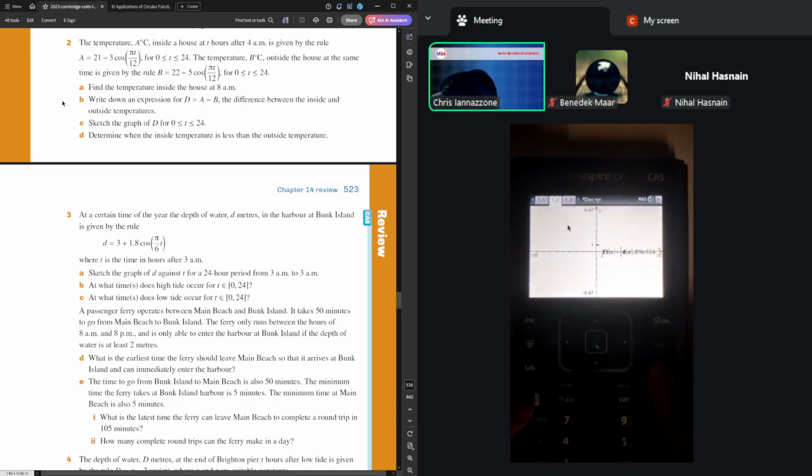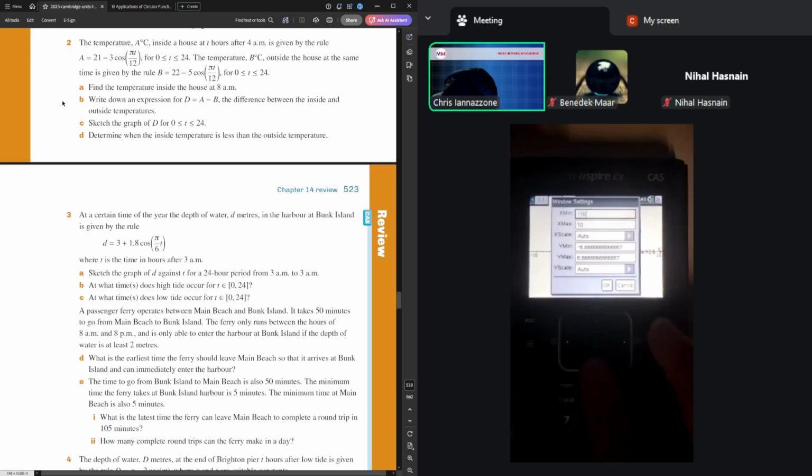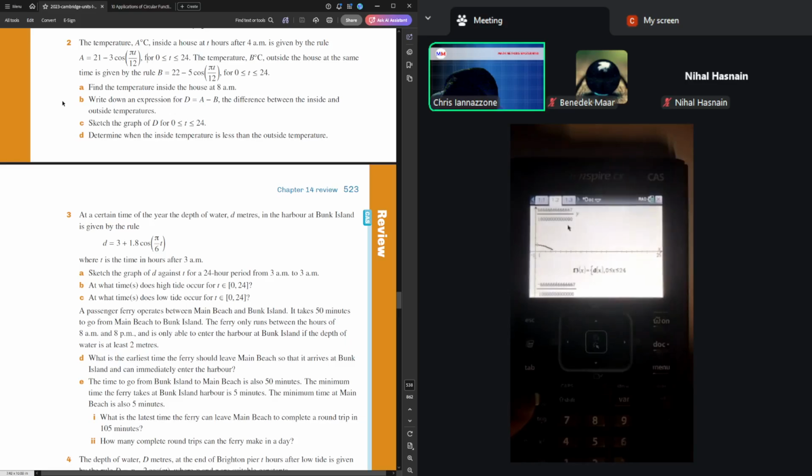And we'll set our window settings. It's a bit of a chunky calculation it's trying to do. I'm surprised it took so long to graph that. Anyway, that's nice and easy. Part C is all done.